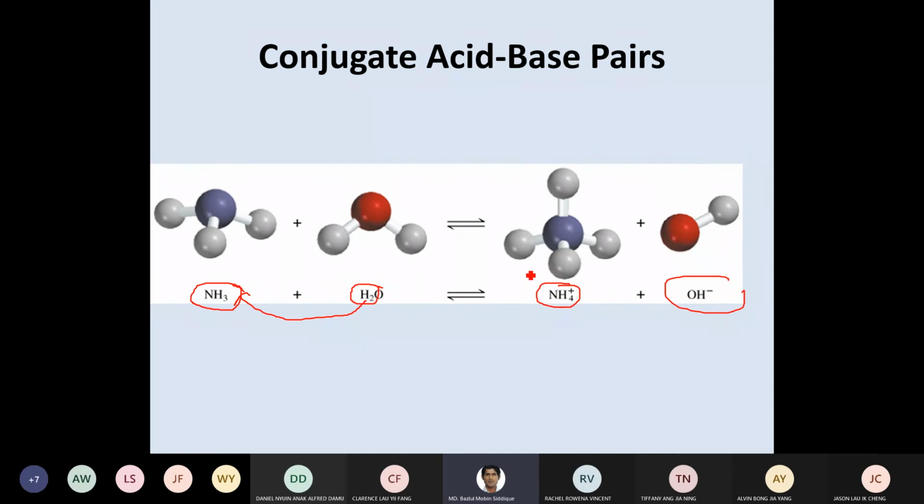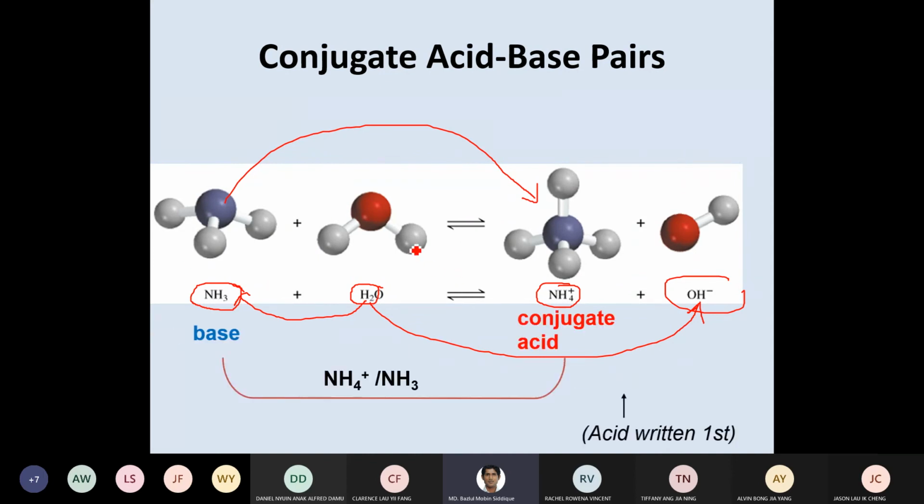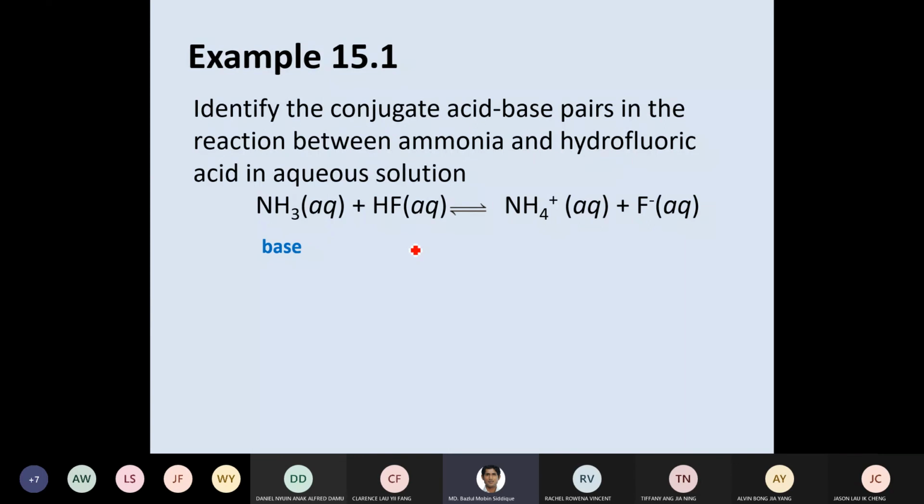So this hydroxyl ion is the conjugate base of water, because water is an acid here, and ammonium is able to donate this hydrogen ion. It is not that they will donate to each other, but they are capable of it. So ammonium is the conjugate acid of this base. For every acid, there is a conjugate base, and for every base, a conjugate acid.